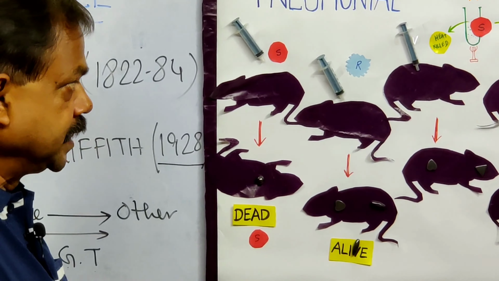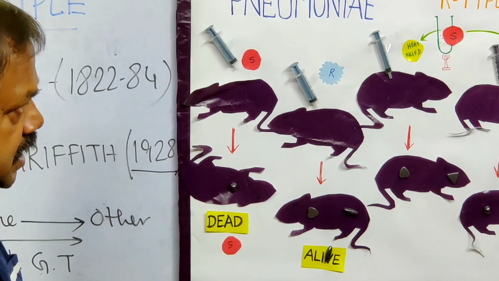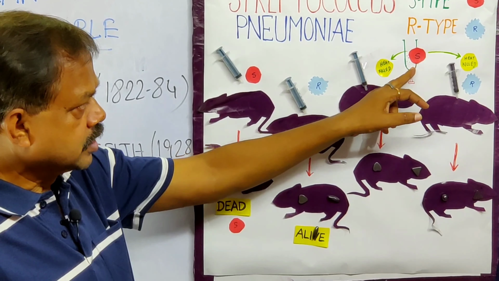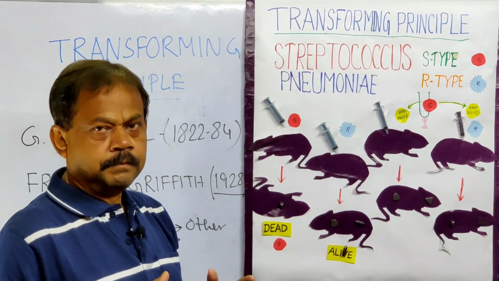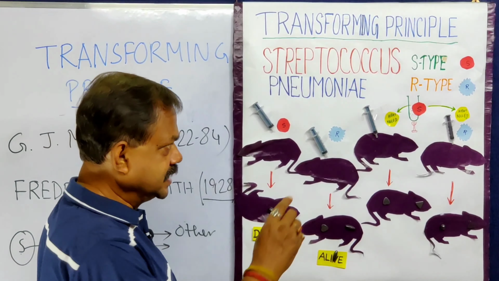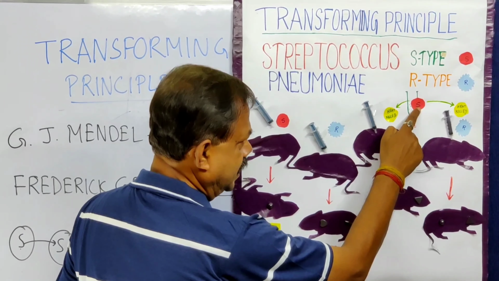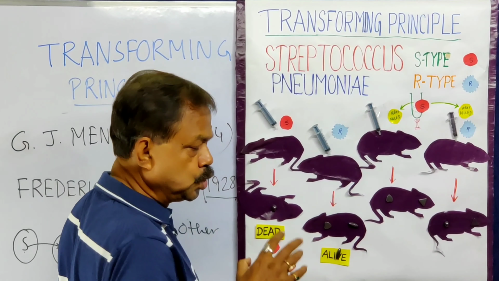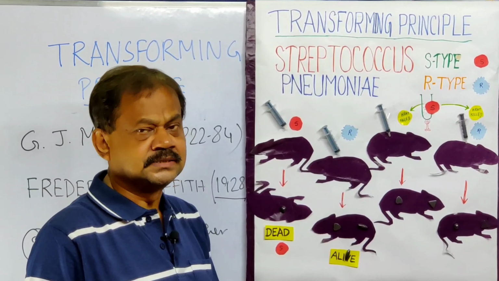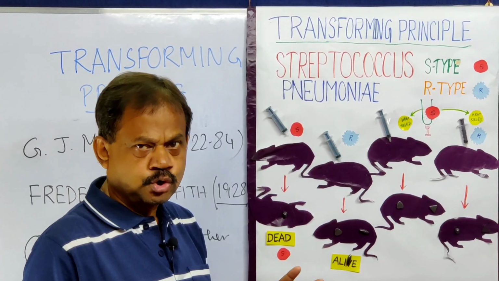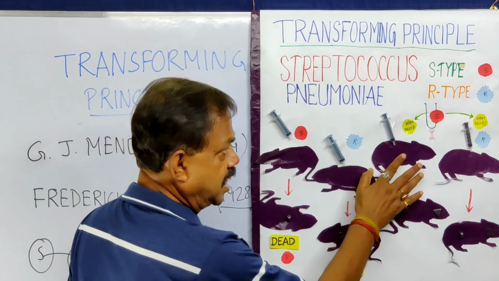Is it clear? Next, in the third case, he took some Streptococcus bacteria and heat killed them. By applying heat, this S-type bacteria becomes heat killed, so the polysaccharide present on this bacteria is destroyed. So it becomes avirulent.